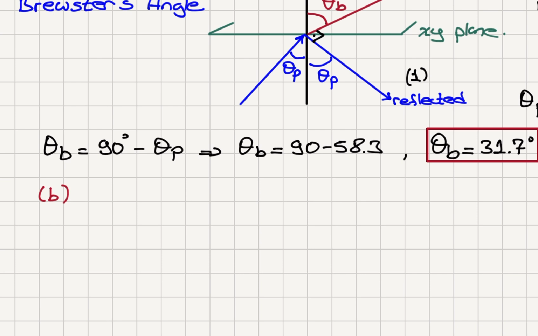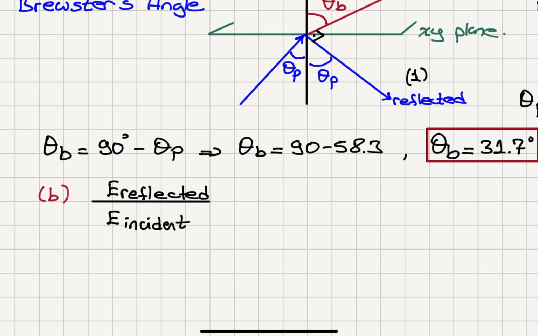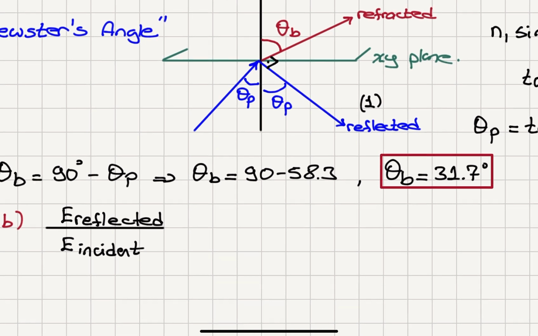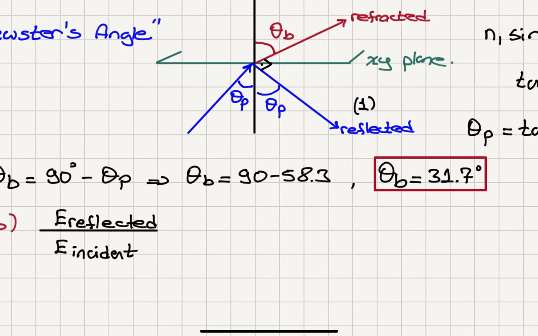Now, writing the Fresnel equation here, the amplitude of the reflected wave electric field, E reflected, divided by the amplitude of the incident wave electric field that is polarized parallel to the interface.